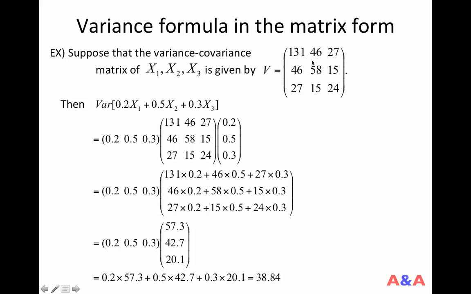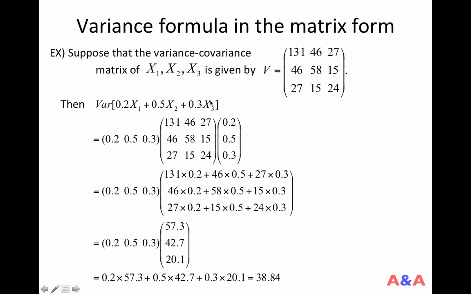For off-diagonal elements, 46 is the covariance between x1 and x2, 27 is the covariance between x1 and x3, and finally 15 is the covariance between x2 and x3. As an example, consider a linear combination, such as this: 0.2 times x1 plus 0.5 times x2 plus 0.3 times x3. Question: what is the variance of this linear combination?